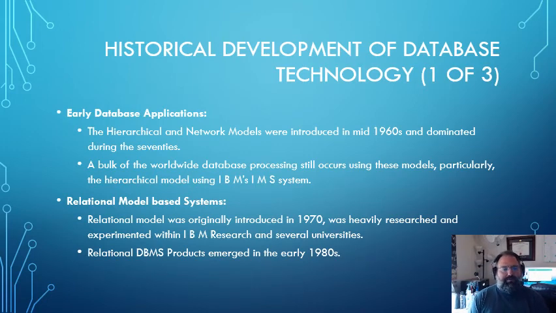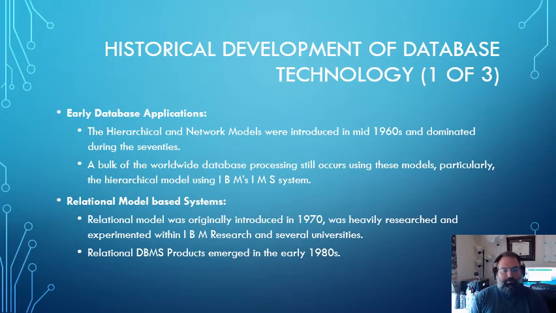Historical developments of database technology: early database applications. The hierarchical and network models were introduced in the mid-60s and dominated for quite a while based upon the capabilities of hardware at the time. A bulk of the worldwide database processing still occurs using these models, particularly hierarchical models using IBM's IMS system.